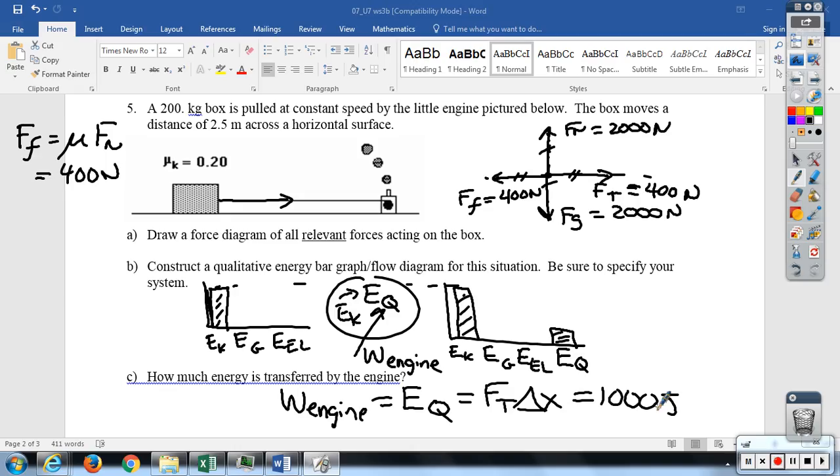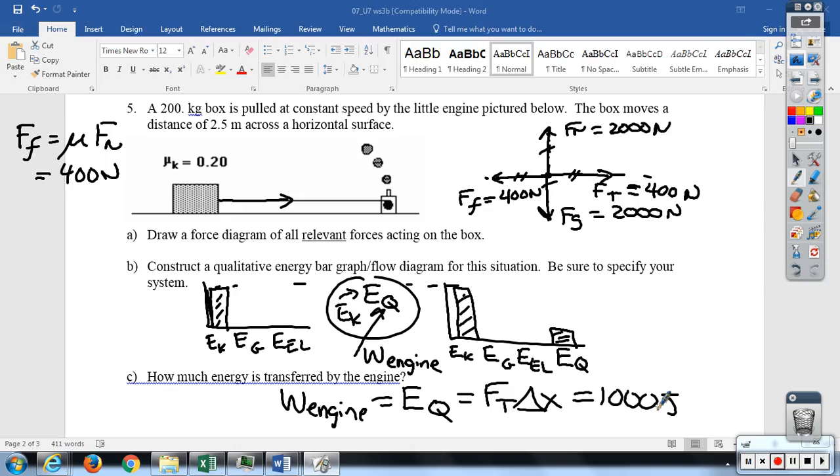And that's precisely what Part D is asking for, the fact that if the engine pulled the box with 500 newtons of force, which is greater than 400, the friction wouldn't change. So that means there would be an unbalanced force. The system would accelerate because the net work being done on the system is positive.